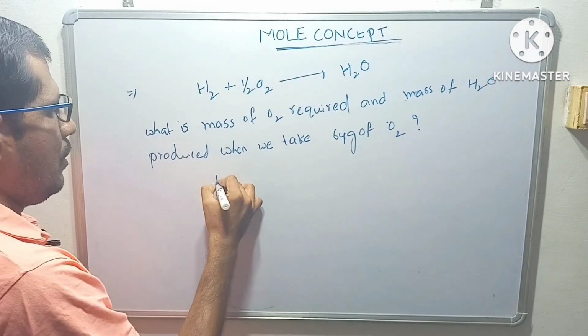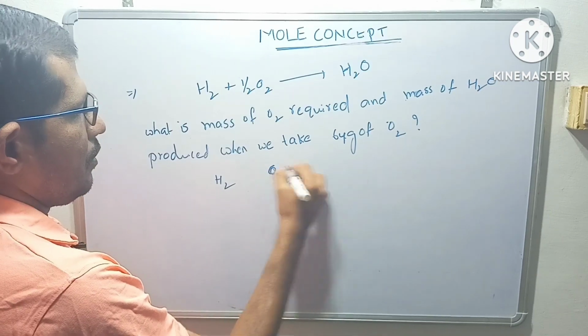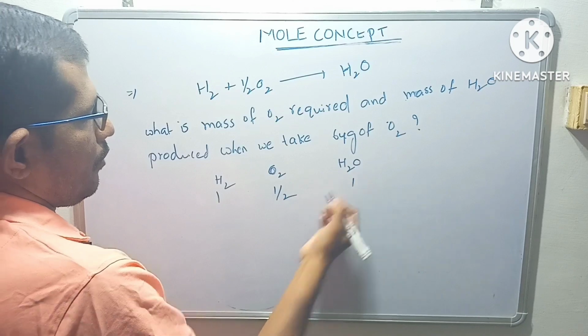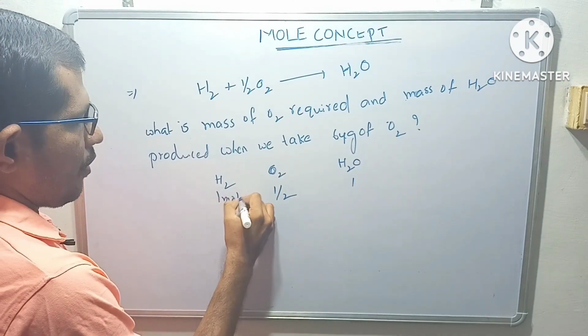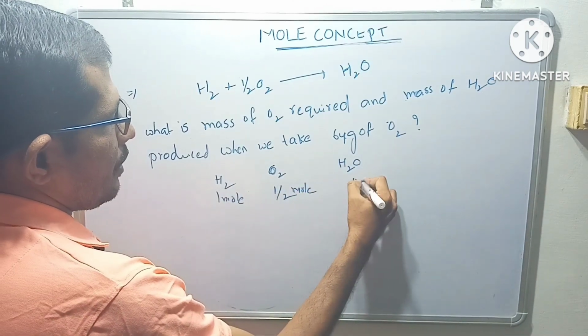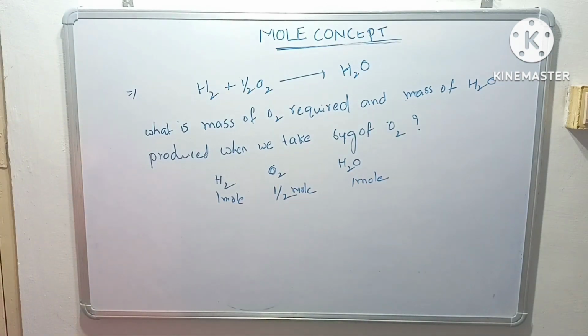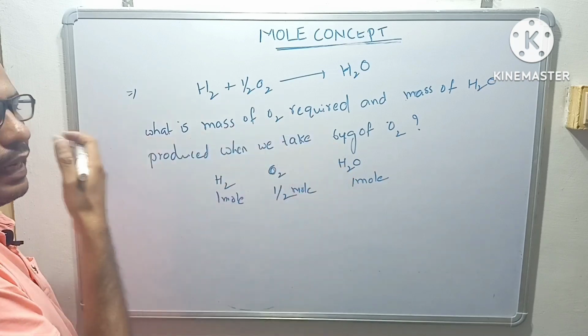First decode the equation. Hydrogen, oxygen, H2O, right? Here 1 mole, here half mole, here 1 mole. Now, as per the question, you need to calculate the moles.